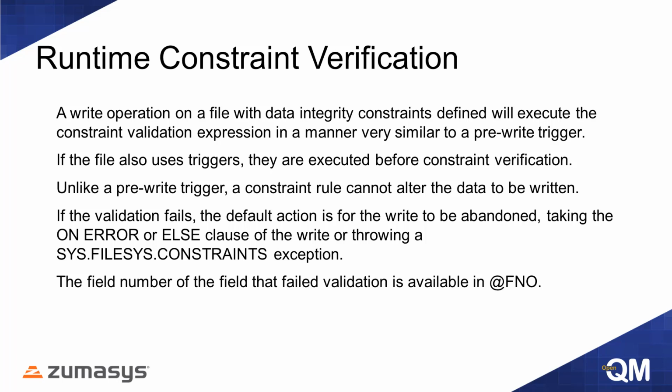If the validation fails, the default action is for the write to be abandoned, and it will take the on error or else clause of the write, depending how it's written in our programs, or it might throw an exception, in this case sys.file, sys.constraints. And we can find the field number of the field that failed in this validation in the @fno system variable.